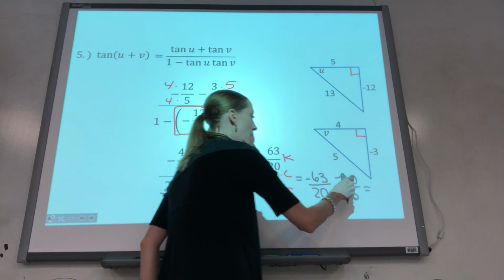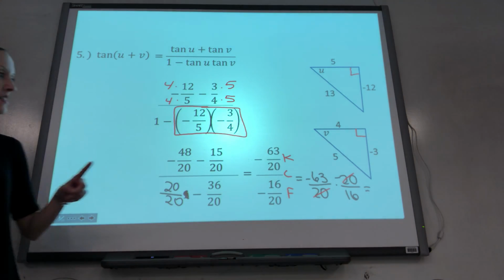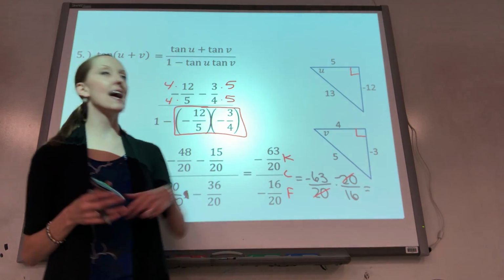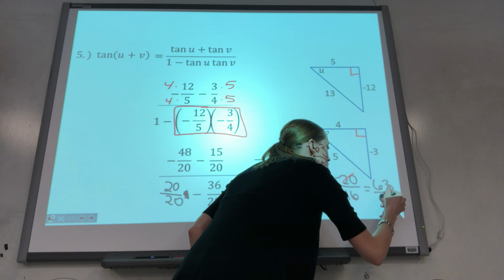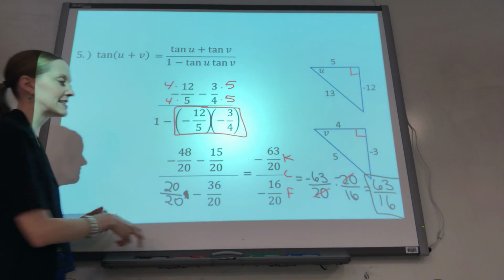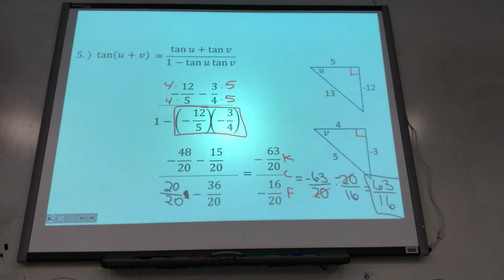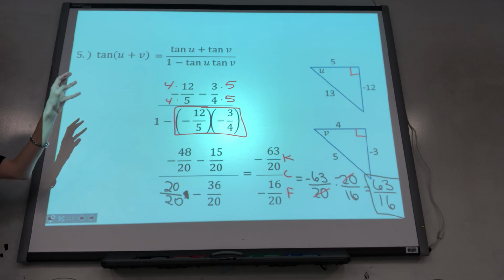Now, the nice part is that the 20s cancel. Also, a negative times a negative is a positive. So I'm barely going to squeeze this in over here. I don't think that reduces. So it'll just be 63 over 16. That is tangent of u plus v. All right, any questions about that?